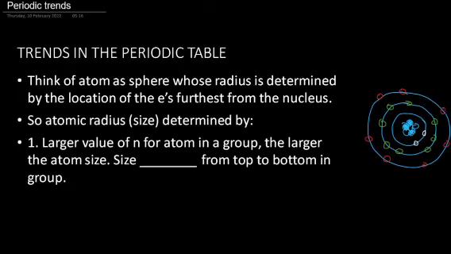So in a nutshell, if we are going down the group, we will have, for example, the first level, then for the second level we'll have 2 rings, and then 3 rings for the third level.